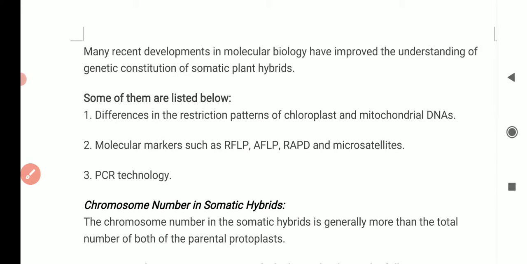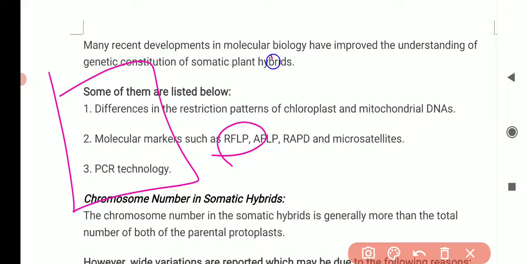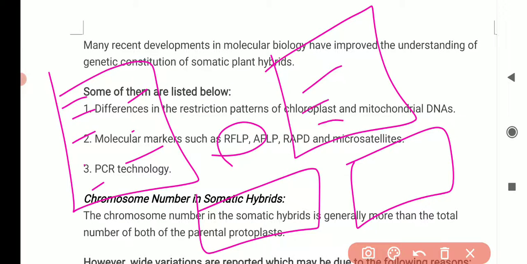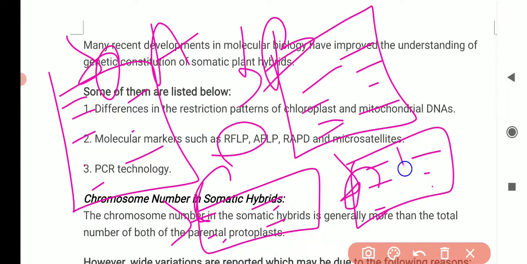Each RFLP of every species is unique, because nowadays the scientists mostly use molecular methods only. This one has this pattern, this one has another pattern. Species A has a very unique pattern, B has a unique pattern, C has a unique pattern, species D has a unique pattern.